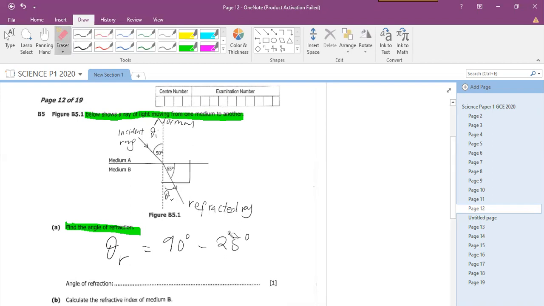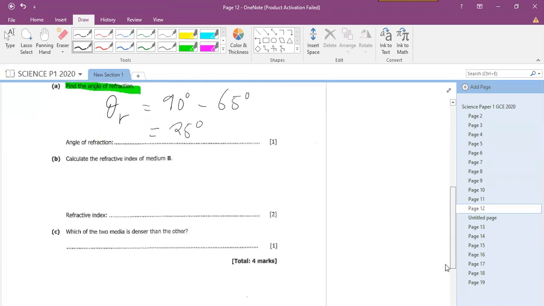So this entire angle is 90 degrees, and 90 degrees minus this 65 degrees will give us the angle of refraction, which is 25 degrees.